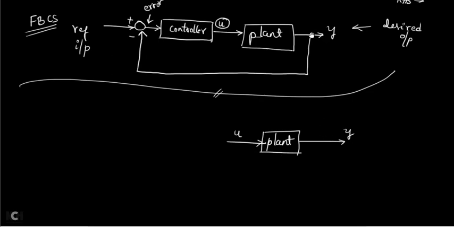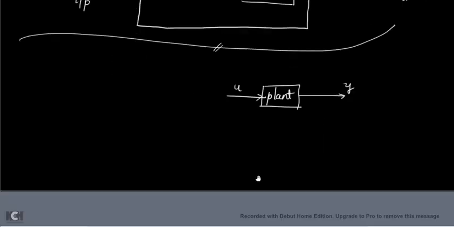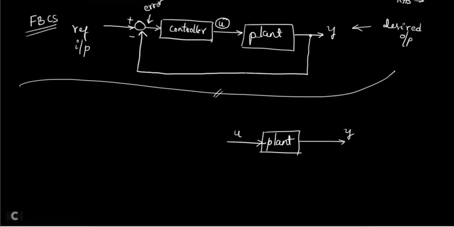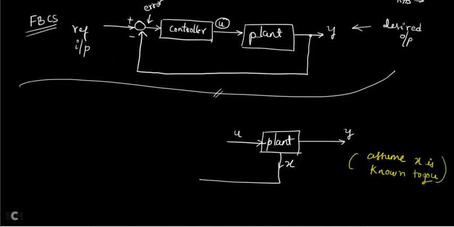So instead of taking the feedback from the output, let me take the feedback from the state variable X. For the present situation, you should assume that this state variable X is known to you.